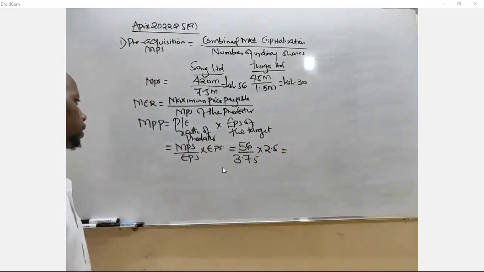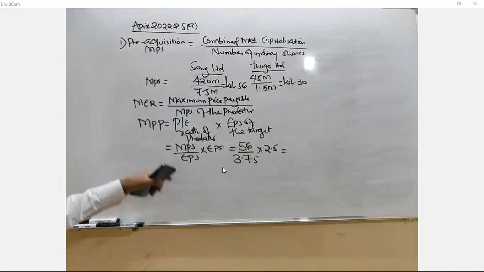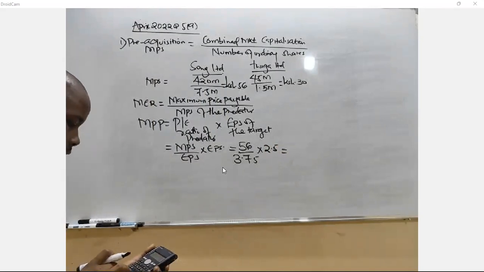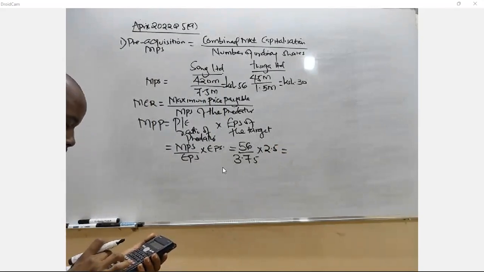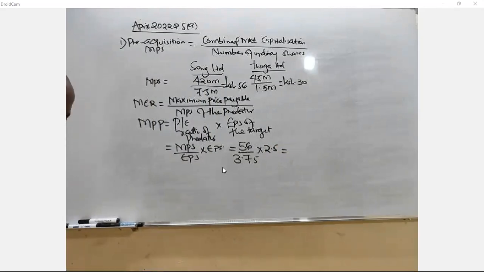So how much is the maximum price payable now? You say it is 56, divide by 3.75, multiply by 2.5, getting 7.33.